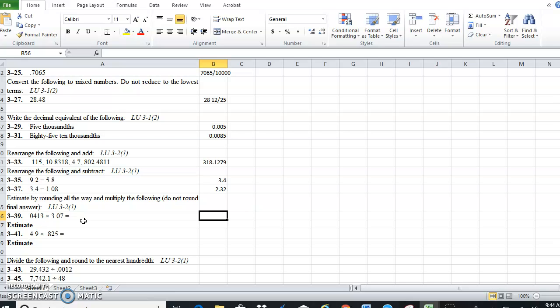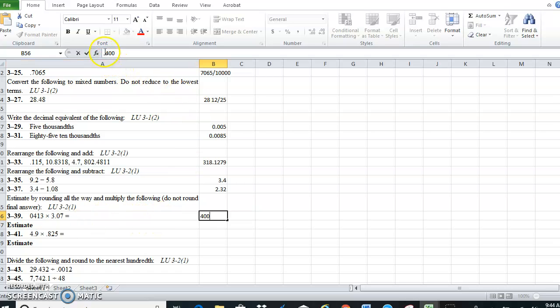So 0413, and there are no decimals there. So we know that that is 413, which if we round all the way, we're going to say is 400 times 3.07.